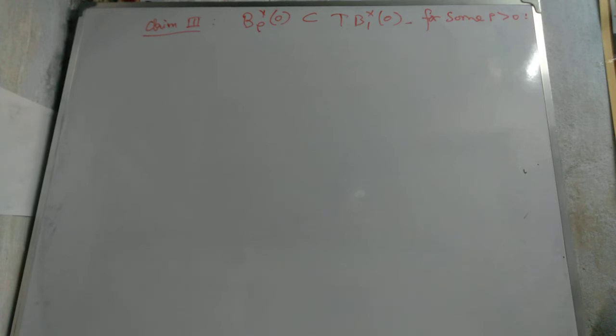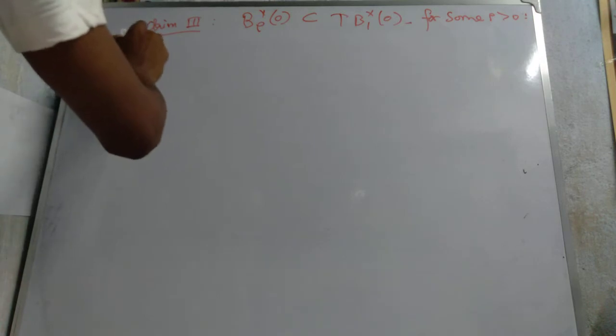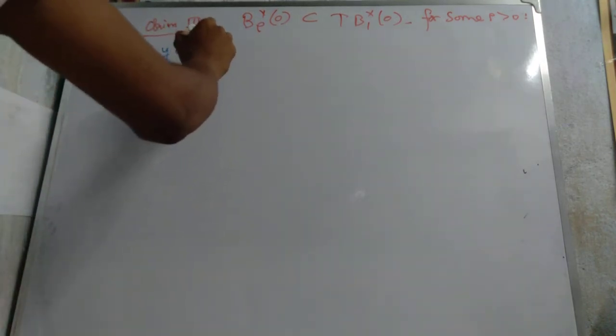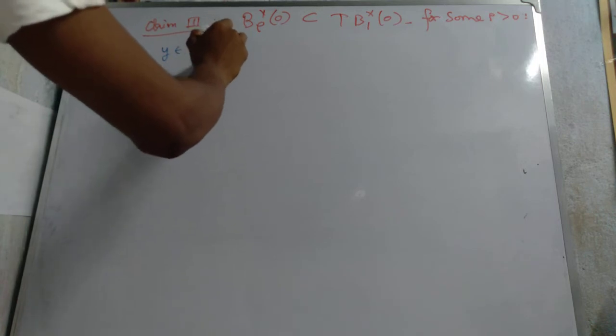And now we show the proof of this lemma. So we claim this one. Now we prove this one. How do we prove it? First let y belong to B_epsilon(y0).